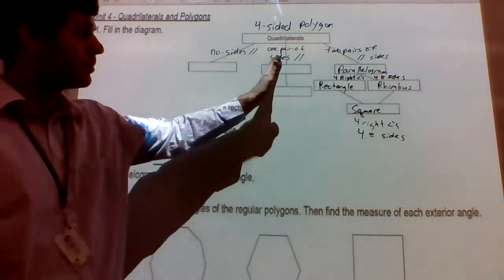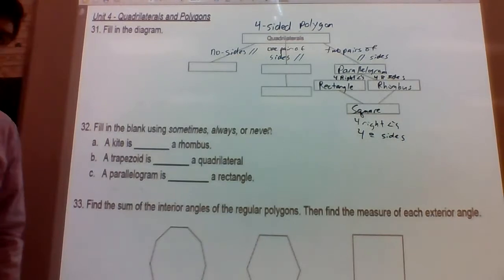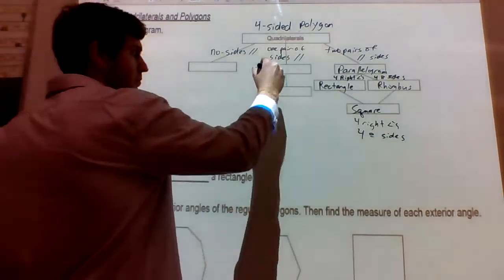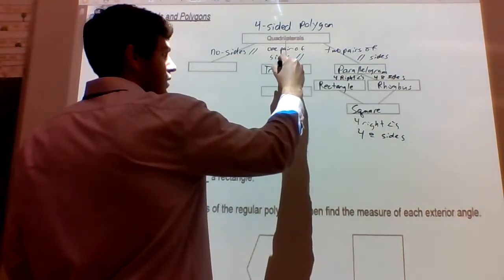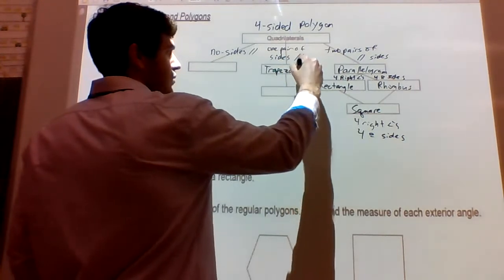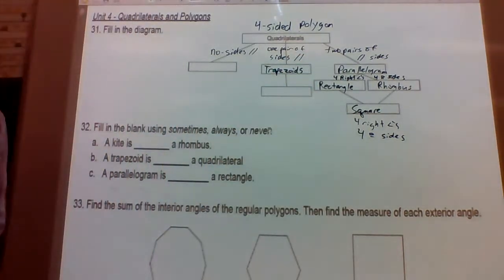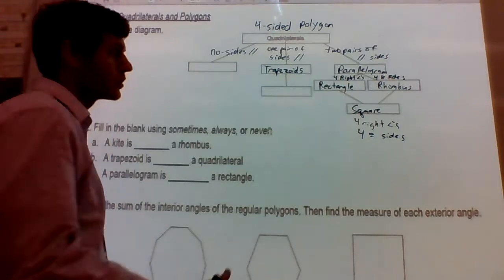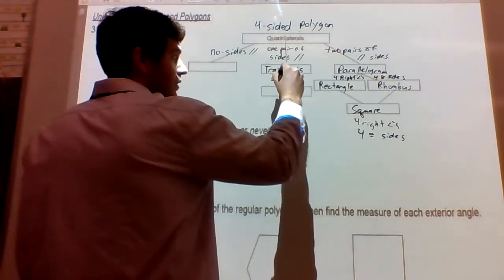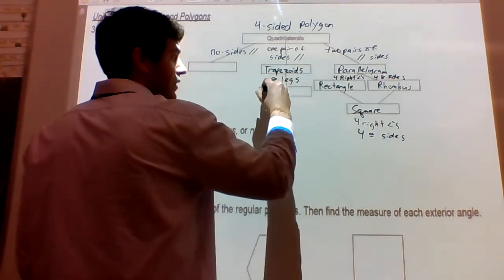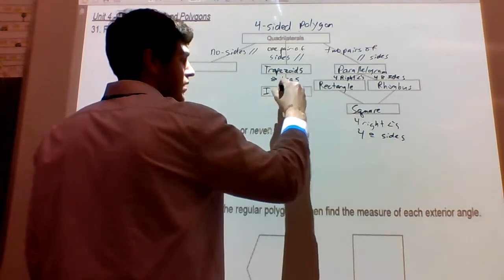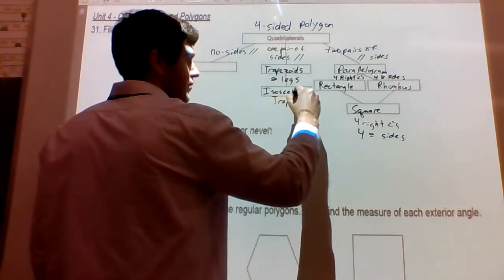Go to the middle, we have 1 pair of parallel sides. The objects we talked about with 1 pair of parallel sides were trapezoids. And if the legs of the trapezoid were congruent, then we had an isosceles trapezoid.